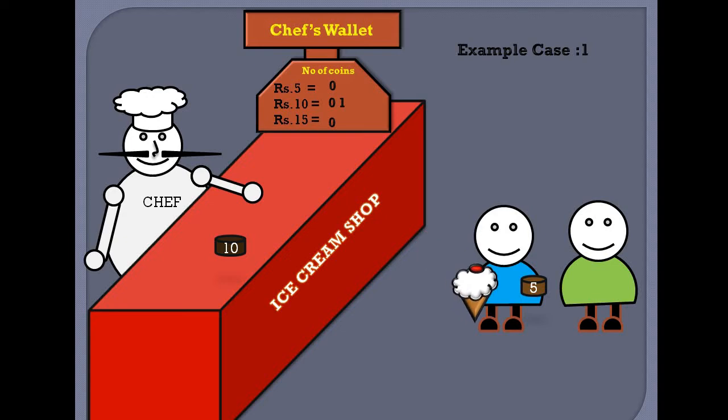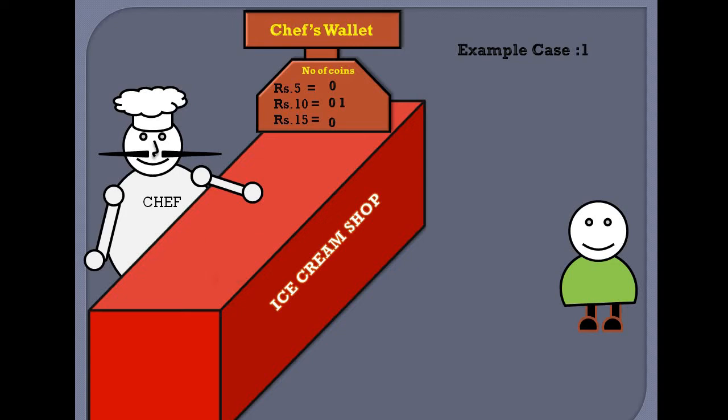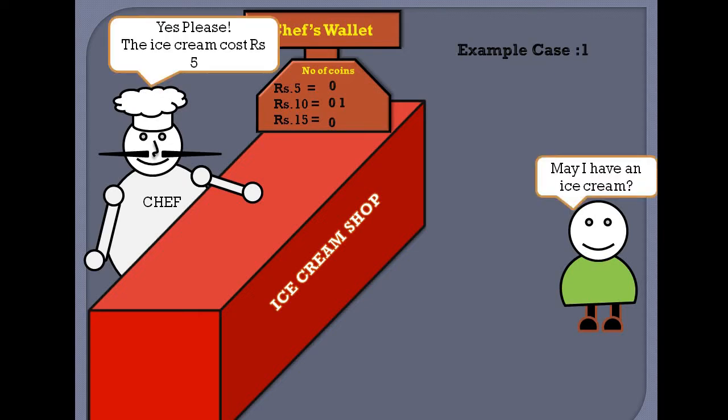That's it. For the third person, when he asks the chef to give him the ice cream, say the third person pays a rupees 15 coin to get the ice cream. For this, now again the chef has to return some change.